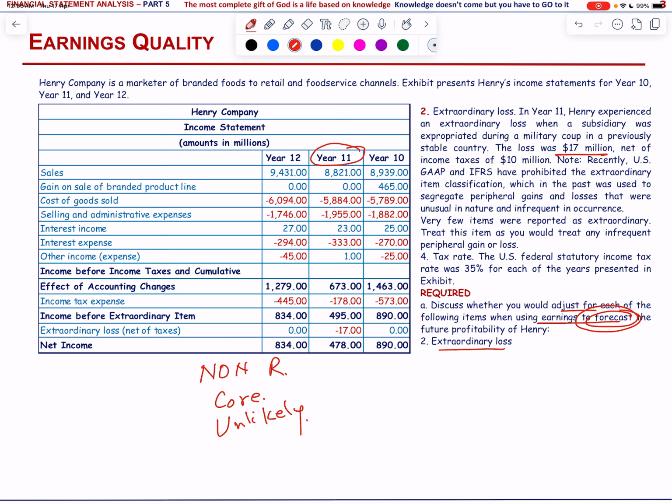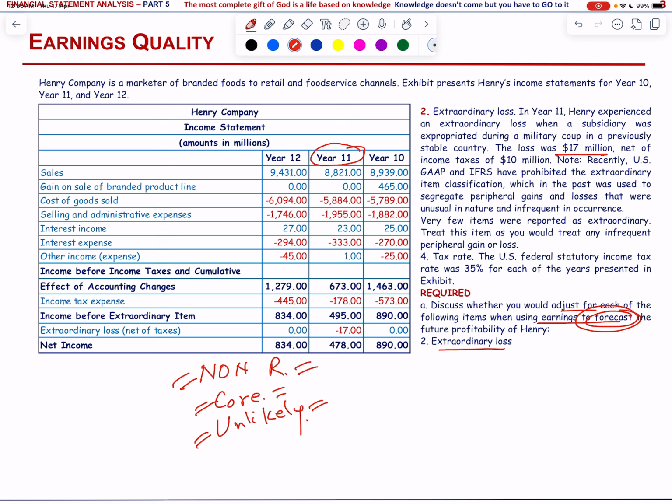So this loss meets all three criteria. It is non-recurring, it is not related to the core operations, and it is unlikely to repeat in the future. So political expropriation is rare and not something that reflects the ongoing performance of Henry's branded food businesses.